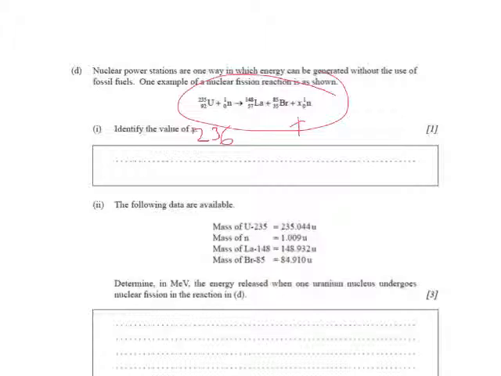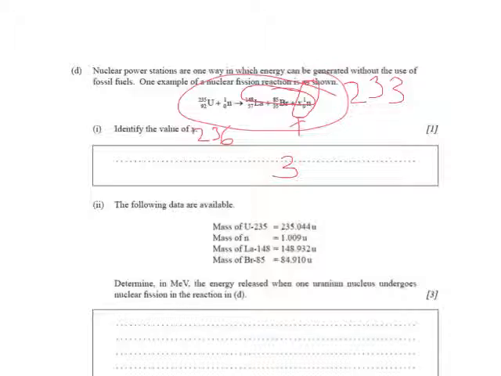And if you add the nucleons on the other side, you end up with 233 over here. So there's a difference of 3. So how many neutrons do we have? We must have 3 in order for this to balance. So the answer is 3.